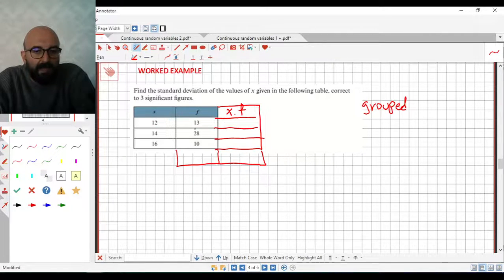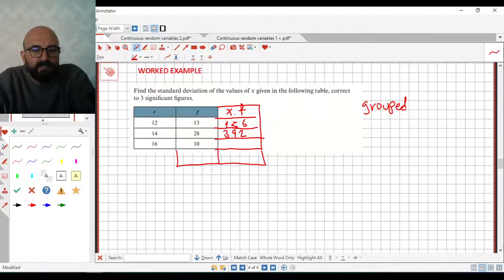Okay, now 12 multiplied by 13 is 156, and then 14 multiplied by 28 is 392. I want to check. Yes, 392.